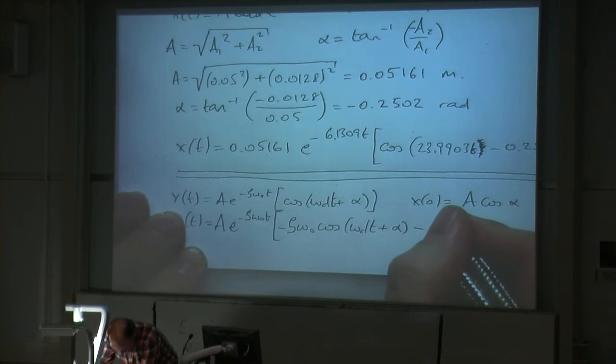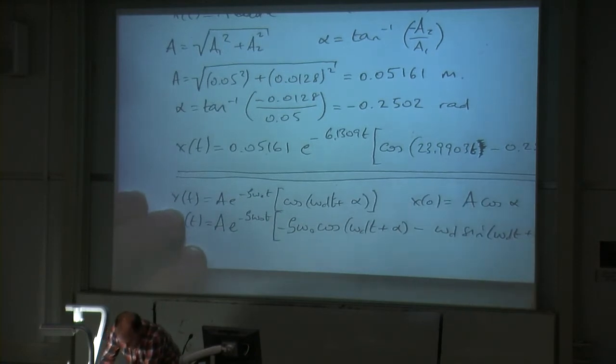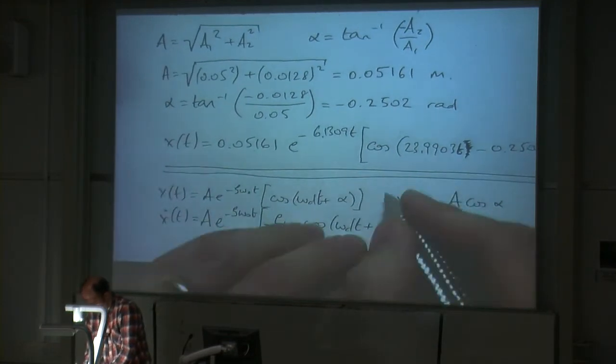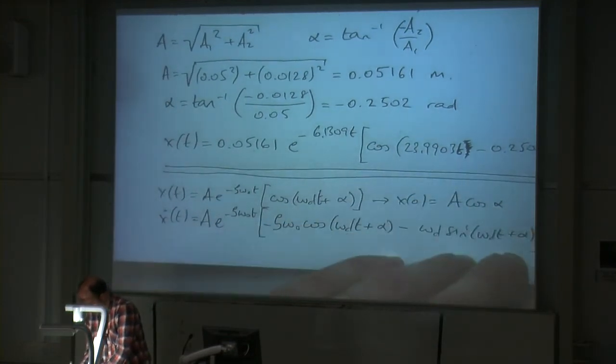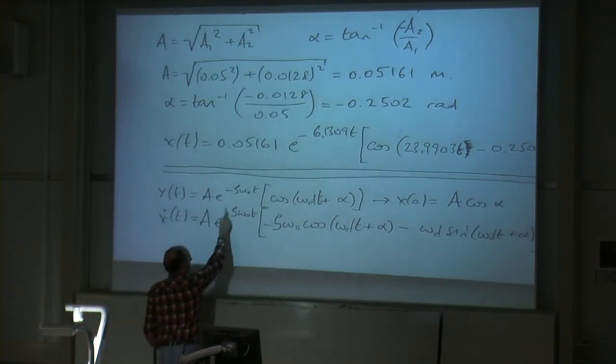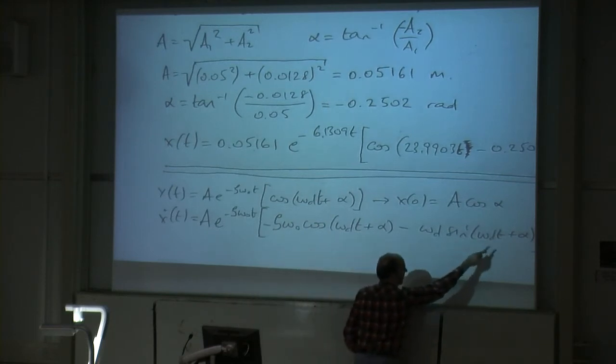Minus omega d sine omega d t plus alpha. And so x dot, you set that equation to 0 when t is 0, so that term turns into 1. We end up with cosine alpha and sine of alpha.